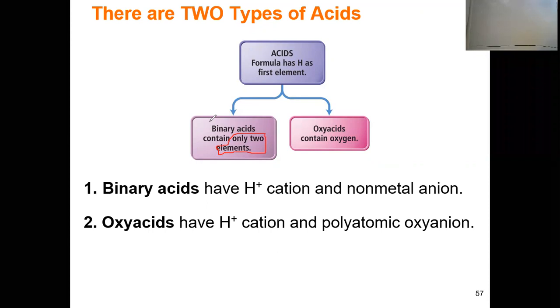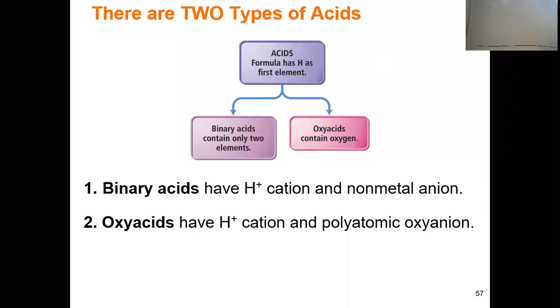It's usually hydrogen and then another halogen. That's just the typical ones. It's not always a halogen, but it is oftentimes a halogen. An oxy acid, unsurprisingly, is going to contain oxygen.